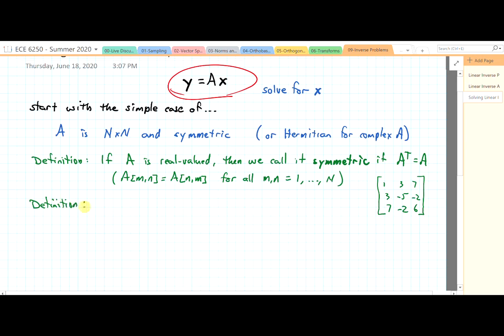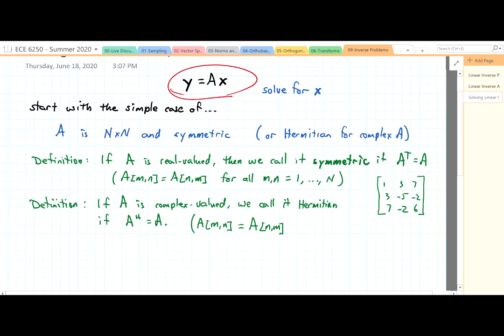In this case, if it's complex valued, we call it Hermitian if A^H is equal to A, and for this case it's just as before with the transpose: A m n is equal to A n m, but in this case conjugated.